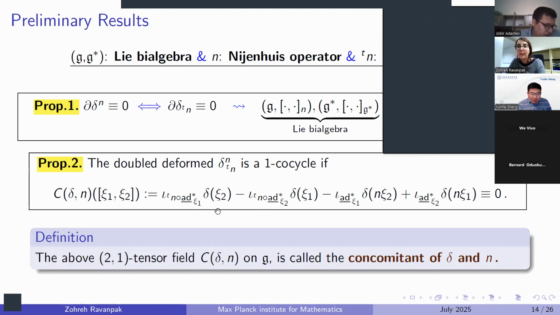So this condition is stronger than your definition of NL bialgebra, right? Is this the definition of NL bialgebra, or stronger? No, it's one of those compatibility conditions.